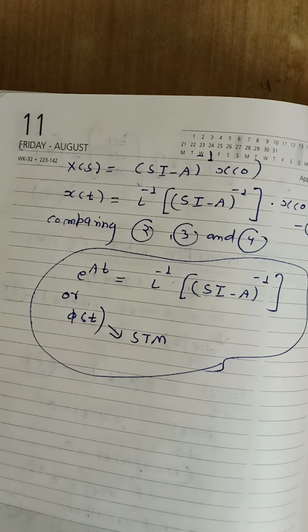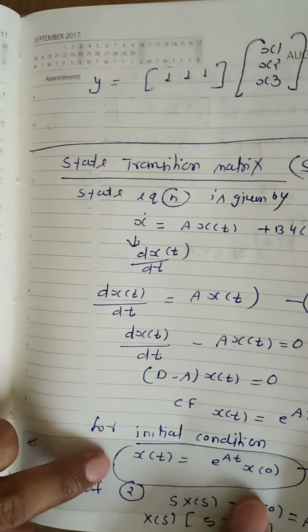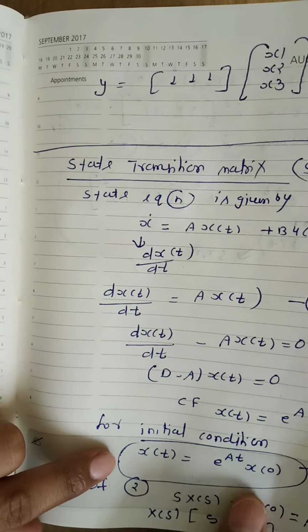So we can say in the third equation e to the power At x of 0 is the solution of the state equation dx by dt equal to Ax(t). The initial state x of 0 at t equal to 0 is shifted to any state x of t at time t.